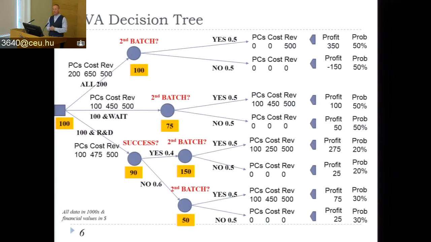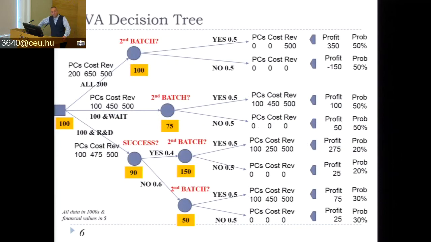Some students will say that it doesn't really matter, because based on the decision tree, we made up our mind that we are going to manufacture 200,000 anyway. So there is no point in getting additional information, because that has the highest expected value.